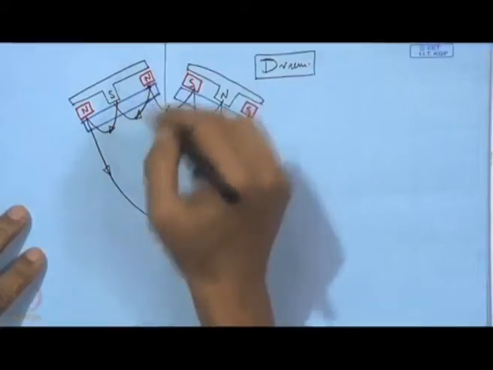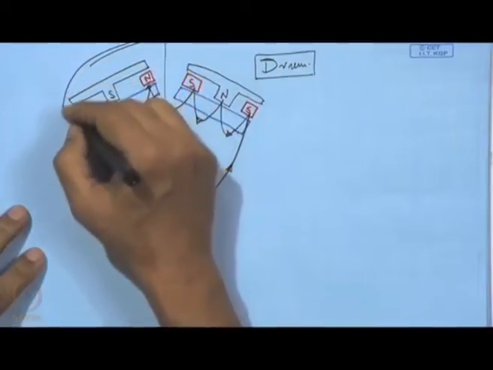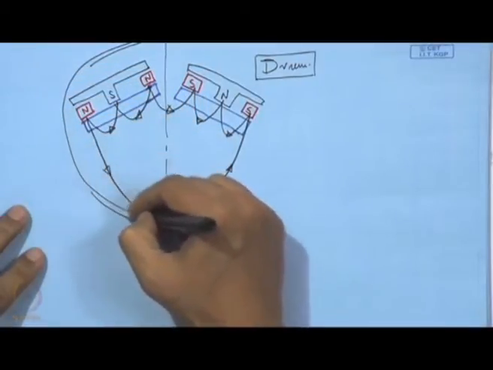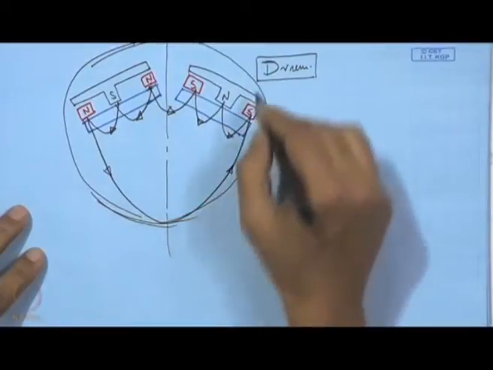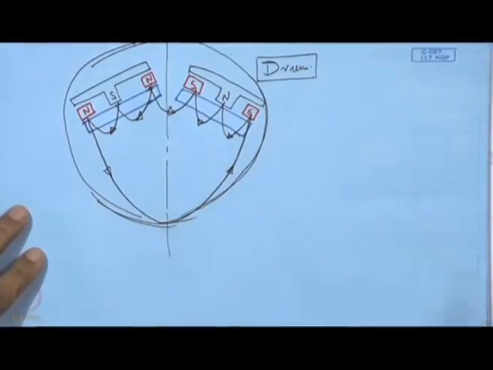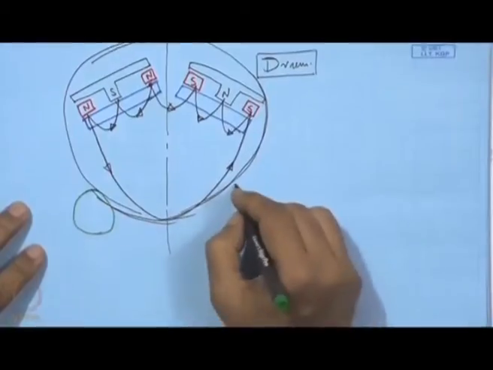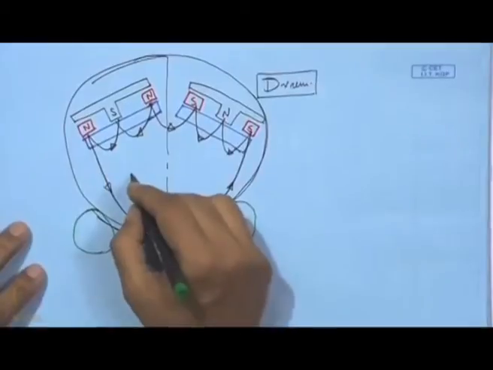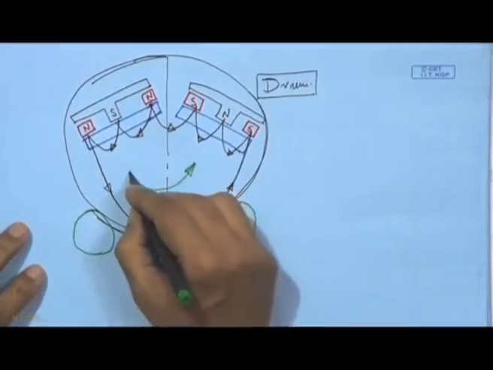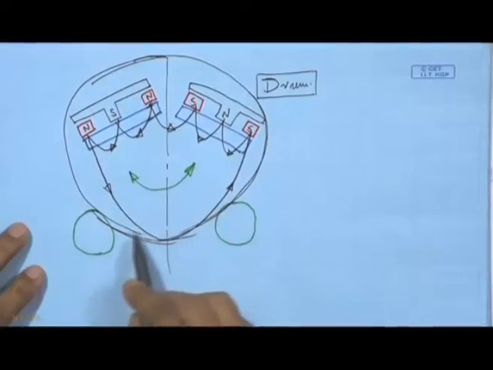So, in fact, in this case, this is going to be a barrel, and this barrel will be supported on two rollers. So, this whole barrel will have a tumbling, oscillatory motion like this.